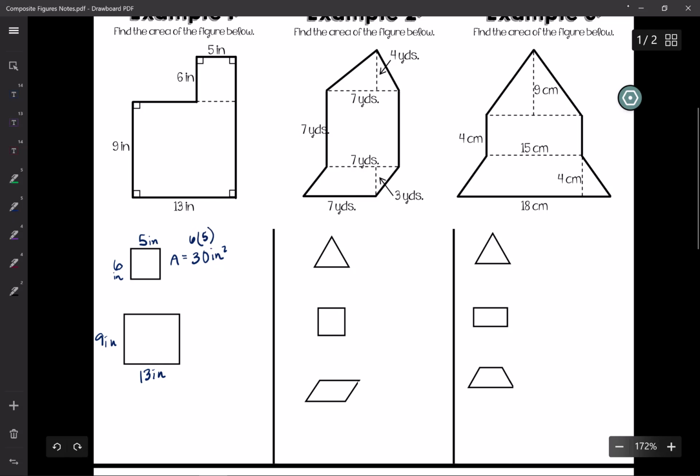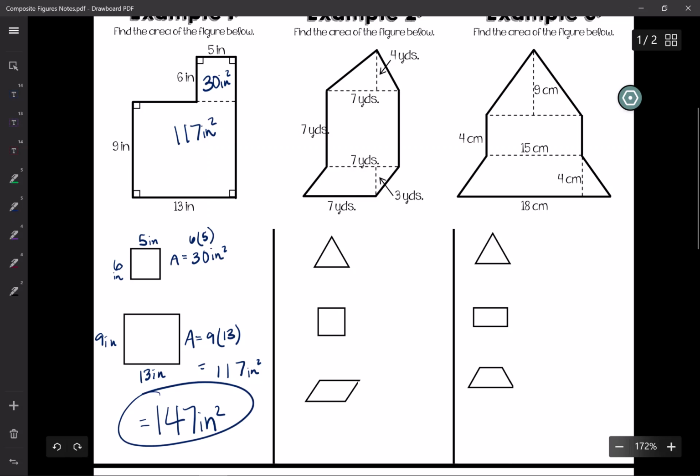So that's 6 times 5. 9 times 13, and then that ends up being 117 inches squared. And so if this is 30 and if this is 117, then our full area for this shape is 147 inches squared.